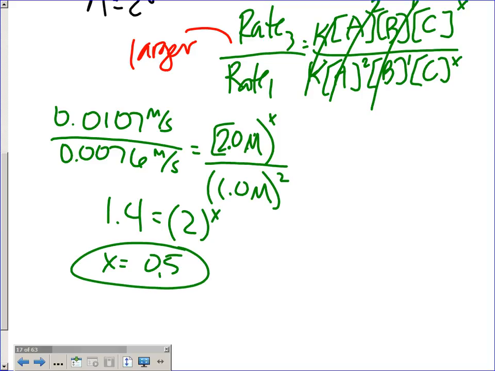So orders can be like fractions. Why is it on that?